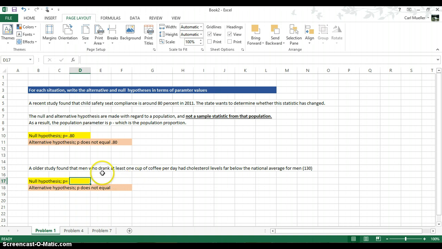They want to see whether or not 1 cup of coffee per day had a measurable effect, or an observed difference, on cholesterol levels. So our null would be the status quo, or no observed difference, or no measurable effect. So the null hypothesis for this study was 130, that there wasn't any observed difference or measurable effect.